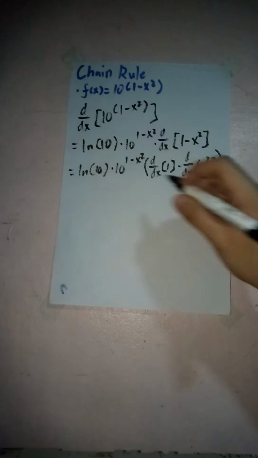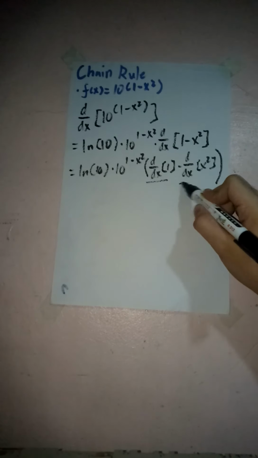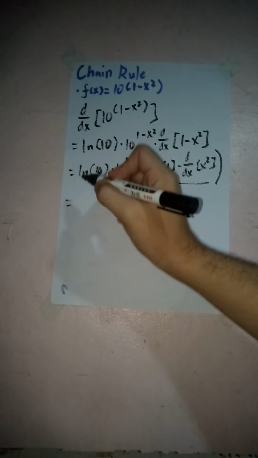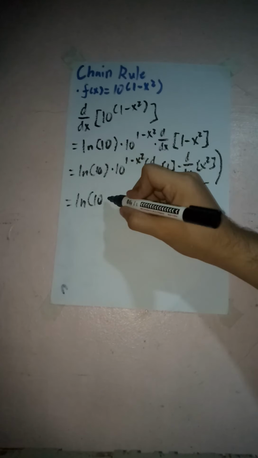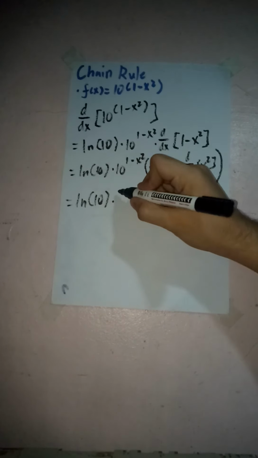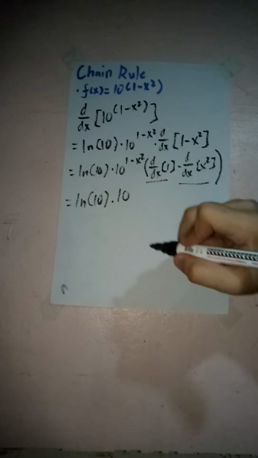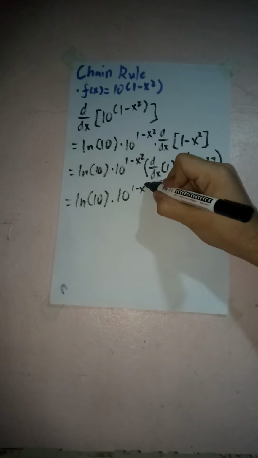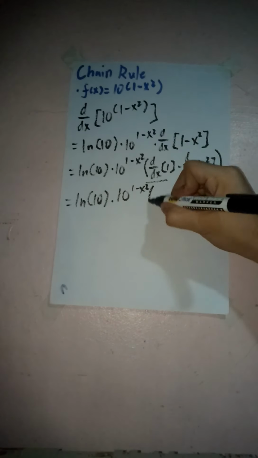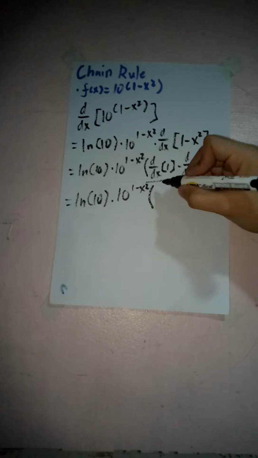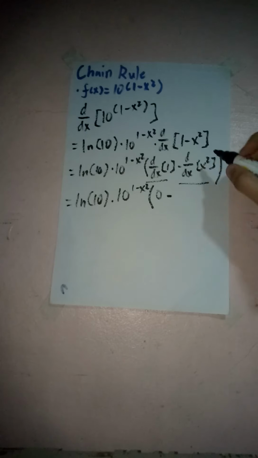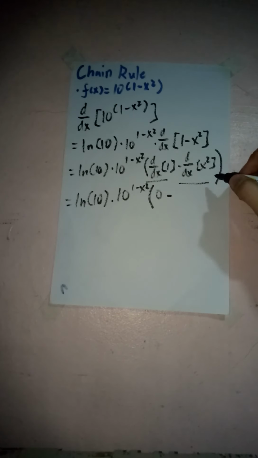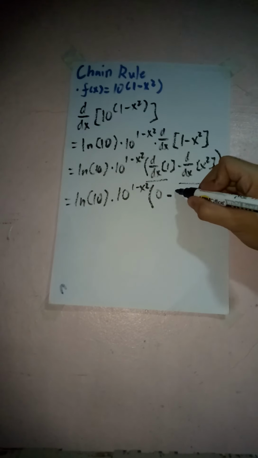And now we are going to get the derivative of these two. So again, ln of 10, I'm sorry for my marker, 1 minus x squared times derivative of 1 is 0 minus the derivative of x squared is 2x.